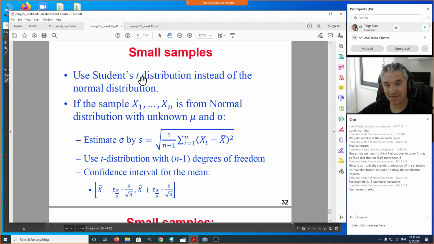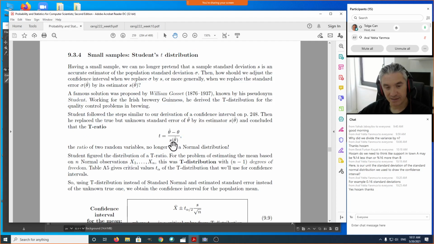If sigma is given to us in the question for small samples, we can still use the z distribution, because in that case, as the book states, the denominator is the standard error, which is computed by linearity of expectation from the given standard deviation. So the denominator is not a random variable when we know the standard deviation of the population.